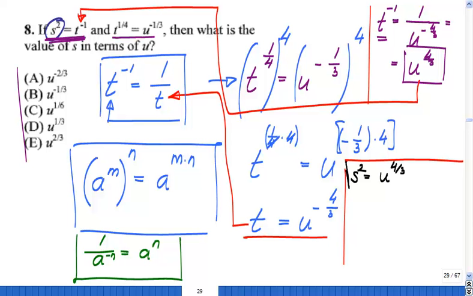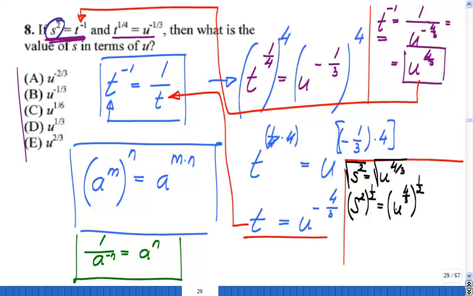To find s, I will take the square root of both sides. Taking the square root, you're actually raising everything to the power of 1/2. So this is s to the power of 2, everything to the power of 1/2, which should equal u to the 4/3, everything to the power of 1/2.